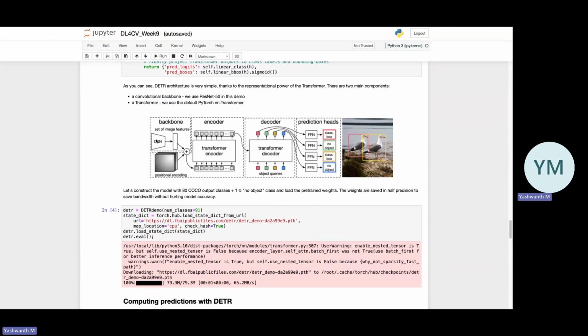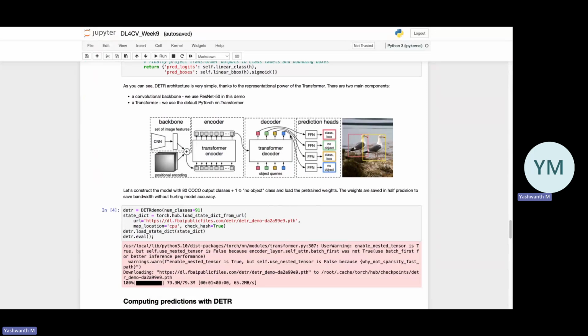So this is a positional encoding. We use the CNN backbones and we get the image features. And this is the transformer encoder. So these image patches are passed to the transformer encoder, and this goes to the transformer decoder.